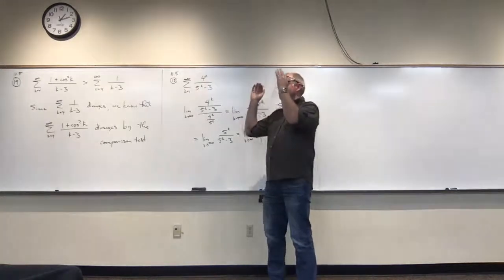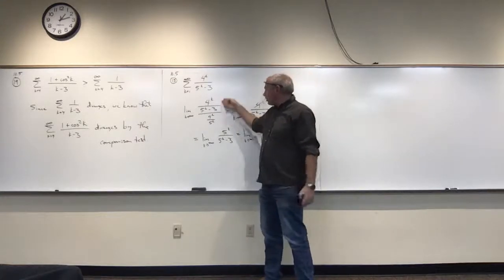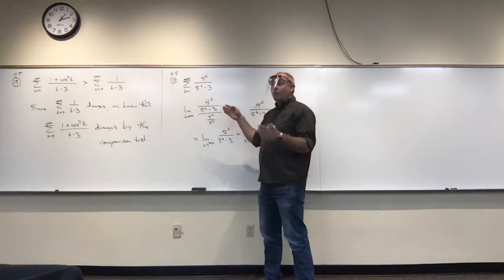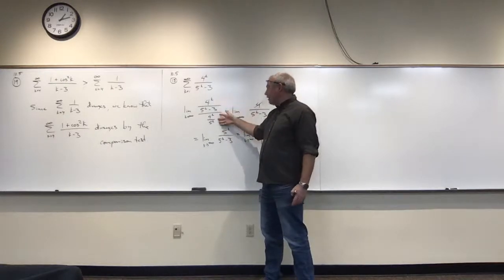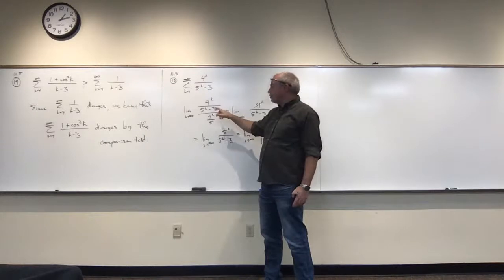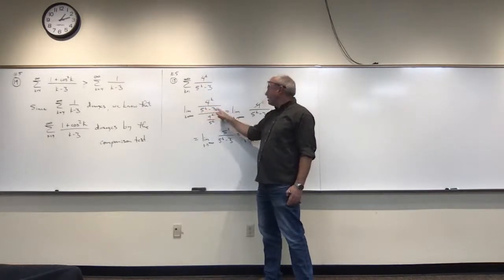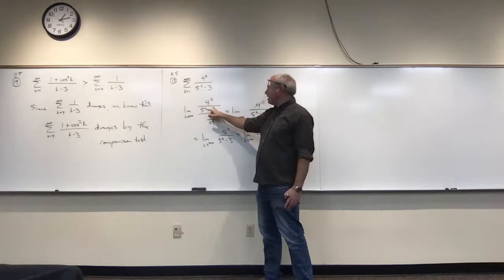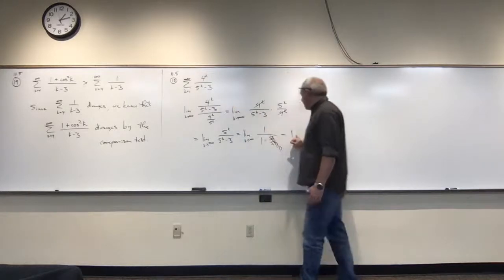If they were going to basically the exact same place, what would you expect the ratio to be? 1 to 1. So if they were going to the exact same place, which these pretty much are, because when this gets huge, like 10 million, the minus 3 doesn't do much for it. As k gets big, it's almost not even there. So these two things do the same thing, and you get a 1.